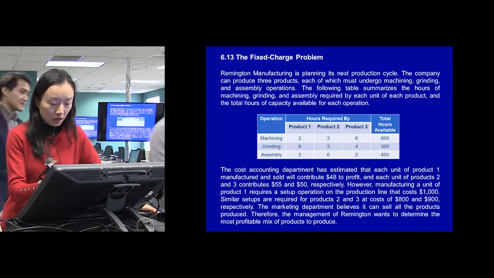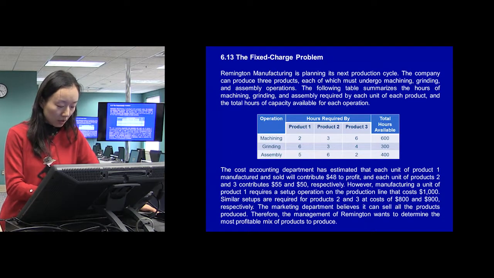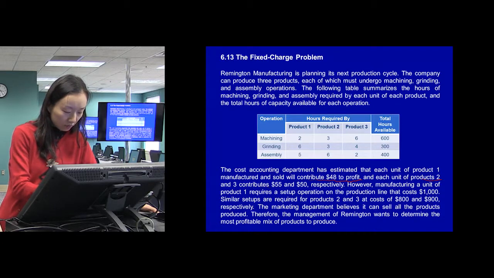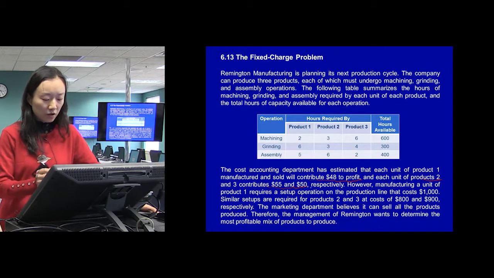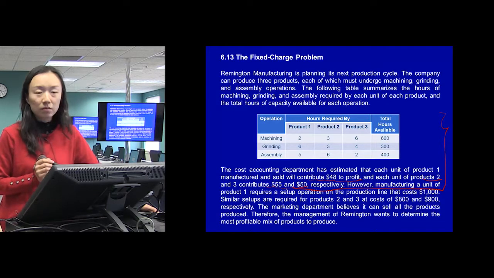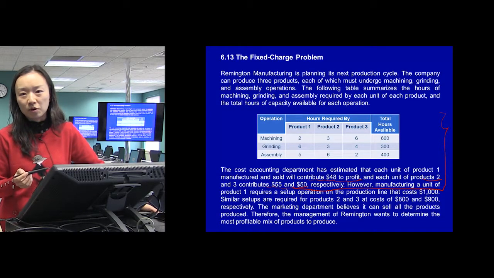The cost accounting estimate is that product 1 will make $48 of profit, product 2 will make 55, and 50 for product 3. So if we just read through here, it's a very simple problem.